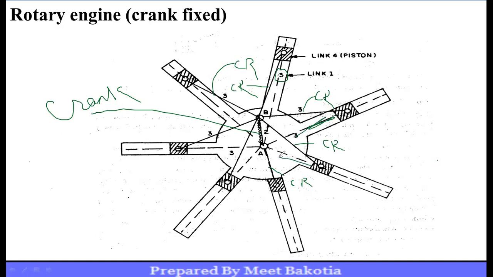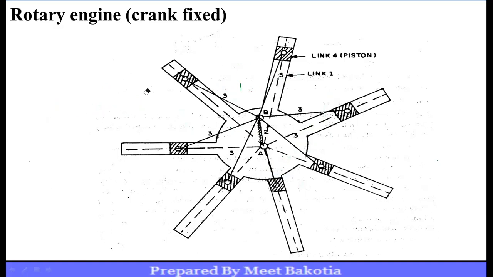It is going to move up and down inside the cylinder, and this is going to cause the whole engine to keep on rotating. Since our crank is fixed, the engine is going to take the rotary motion now.